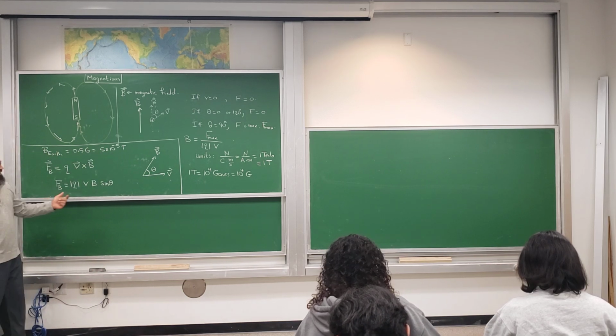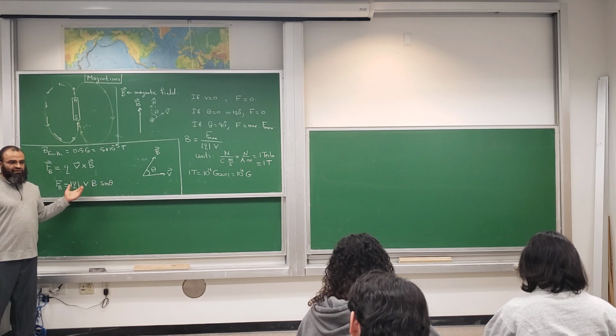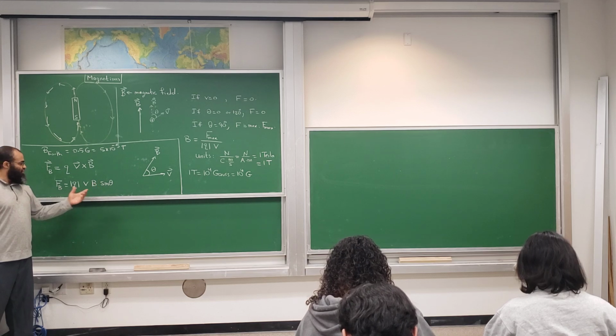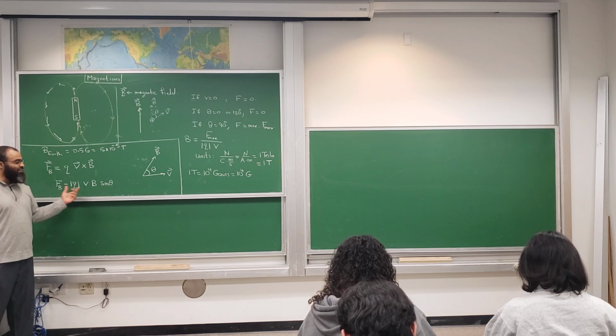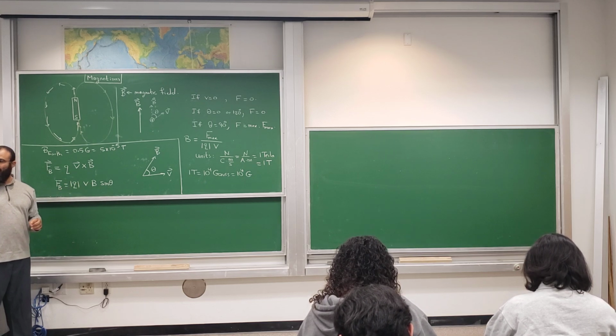So notice if theta is 0, sine 0 is 0. So you get 0 force. If theta is 180, sine of 180 is again 0, and you get 0 force. If theta is 90, the sine is 1, so you get the maximum force. If theta is something else, then the force will be something else.